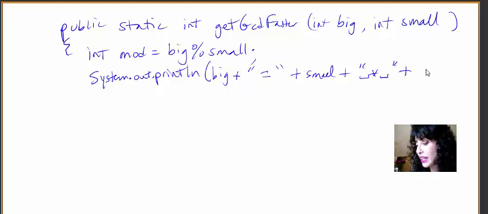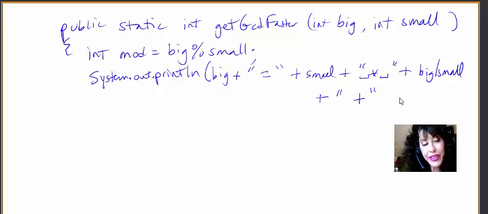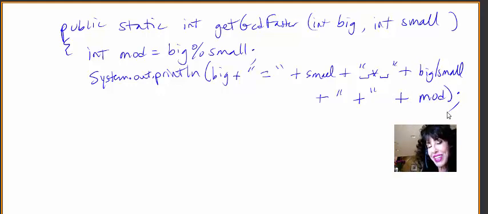And then concatenator, and then what's going to go here is the big divided by small value. That's the quotient. And then we're going to have another concatenator. Then we're going to have a plus sign with spaces on each side. And then the final value, we got to put a concatenator here again, will be the mod, that remainder. So this is just going to print out the sentence. It'll look real sweet when you run it.